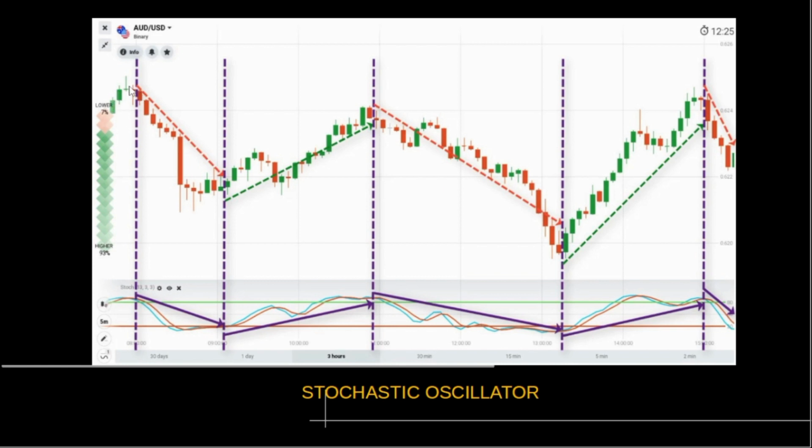So price came here, found resistance. We also have a reversal here. We also have a crossover above the 80 level. So this may indicate a potential move. We have these bullish candles that indicate bullish strength, but then the bullish strength here started to decrease, and this was indicating bearish strength coming into the market.